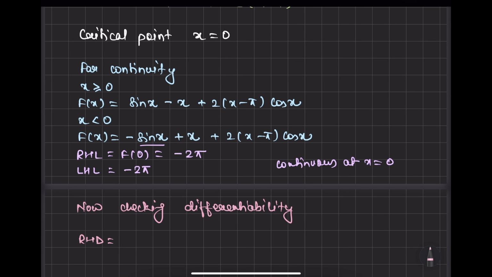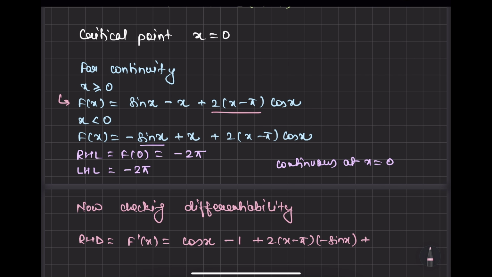RHD means you will take the function for x greater than 0 and differentiate. So f dash x: sine will become cos, mod x term will become minus 1. Now we keep this function as it is, (2x minus pi), cos will become minus sine.